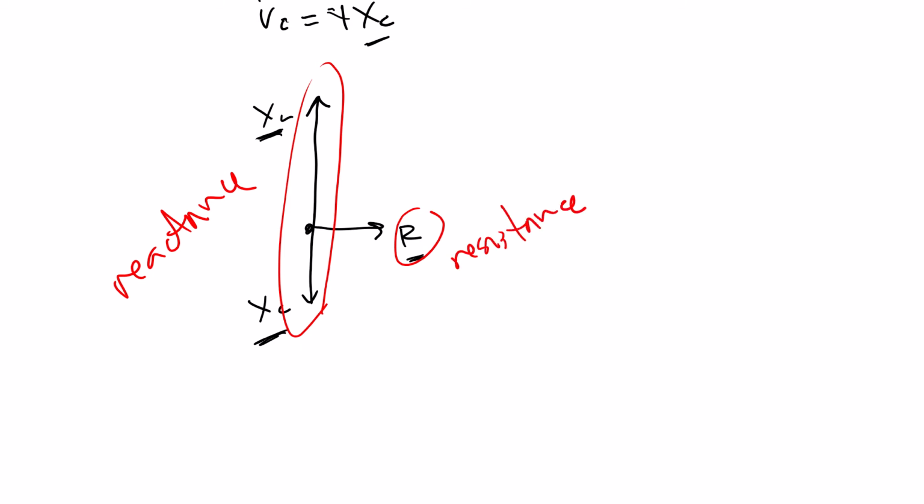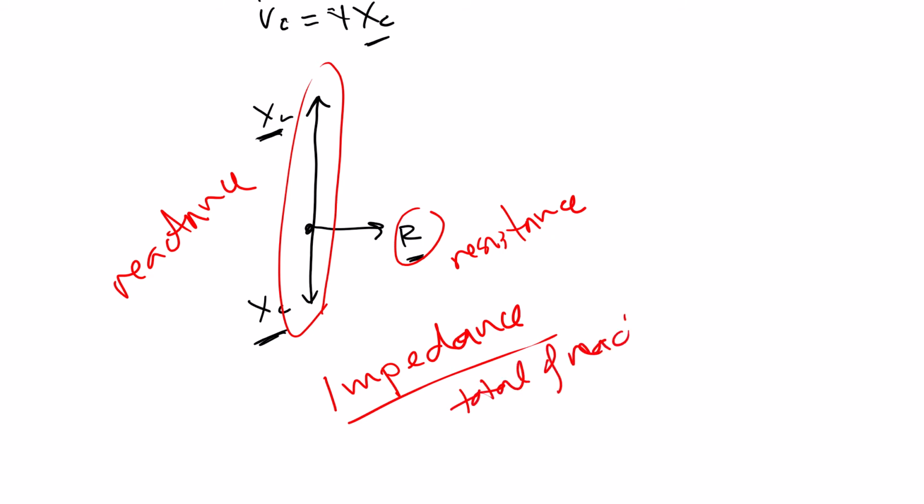And in order to find the impedance of the circuit, that's the total of reactance plus resistance, we've got to add these vectorially again.